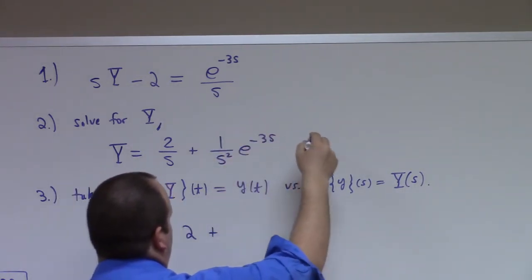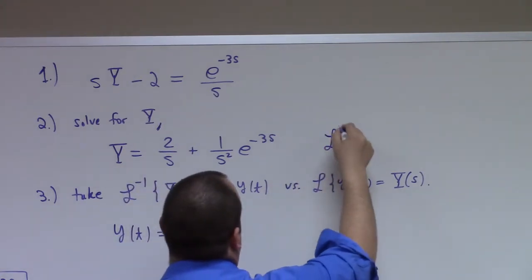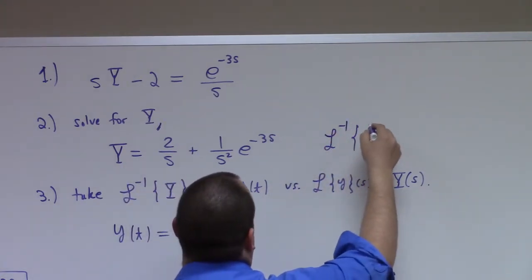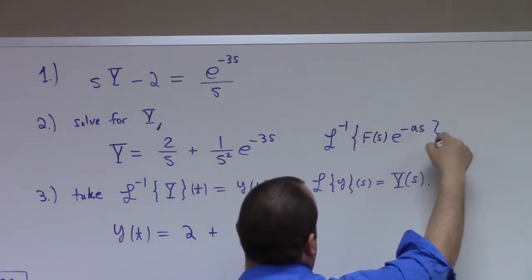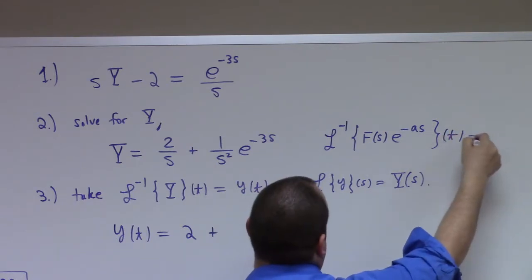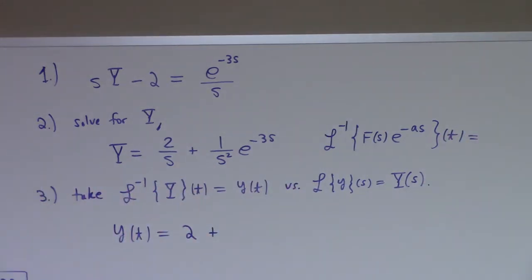There's a theorem which says the inverse Laplace transform of F of s times e to the minus as is in fact equal to f of t minus a times u of t minus a.